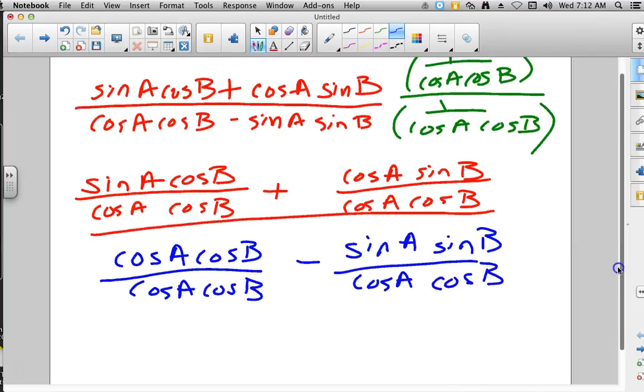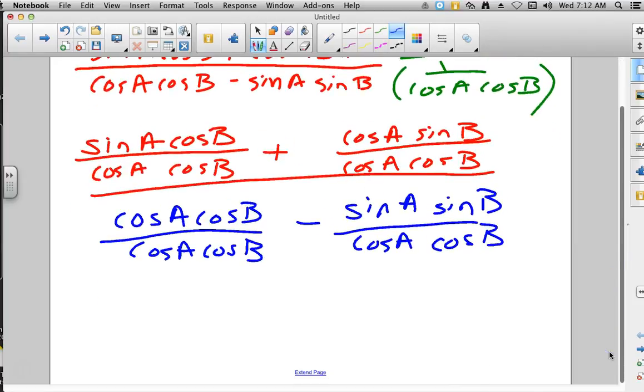And now we go back and see what's going to cancel out and what we have left in all of this massive confusion. So cosine of B is gone. Cosine of A is gone. Cosine of A and cosine of B is gone, leaving us with a nice little 1 right here. And then we have sine over cosine and sine over cosine, which of course would be tangent again.